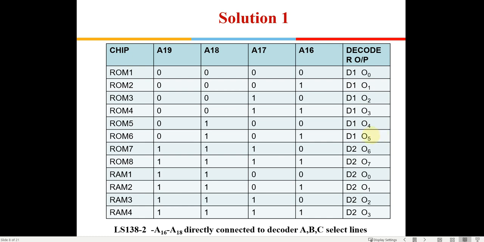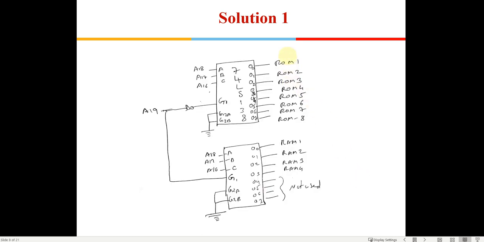I should have taken 7 and 8 here. These are also going to be D1. Let's put this as also D1. So all the outputs of D1, and then followed by these for D2, right? So if you do that, we can make a simple circuit out here, right?